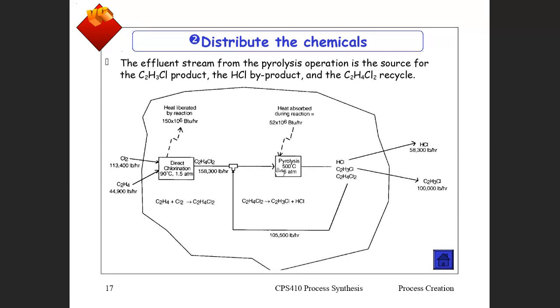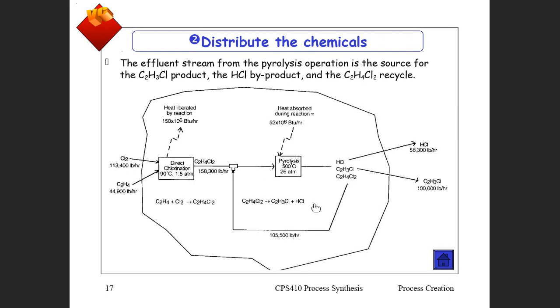How much must I put in there, because I'm only getting 65% conversion? So you take the number of moles that you're making of this vinyl chloride monomer divided by the conversion, that is divided by 0.65, and that gives you your total flow rate of dichloroethane that must go into the reactor.